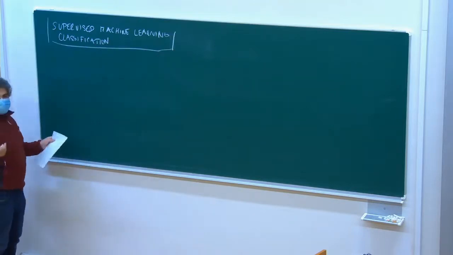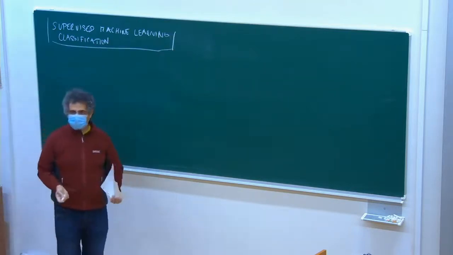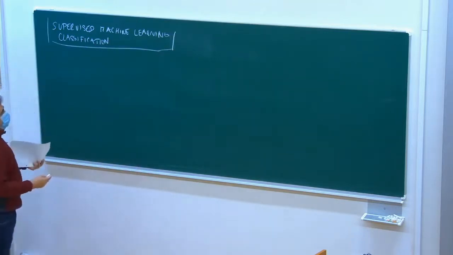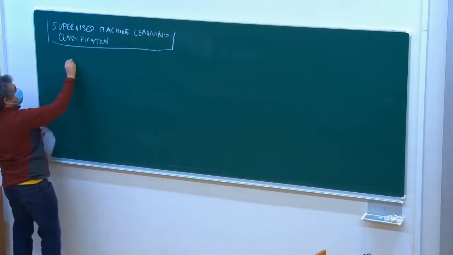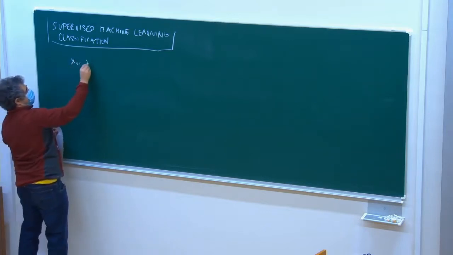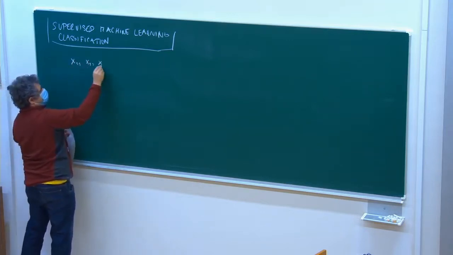And so again, we are trying to build a machine learning model. So the idea is that we have some kind of training set. So the training set looks like, I don't know, a couple of vectors, right? So these are attributes or features.